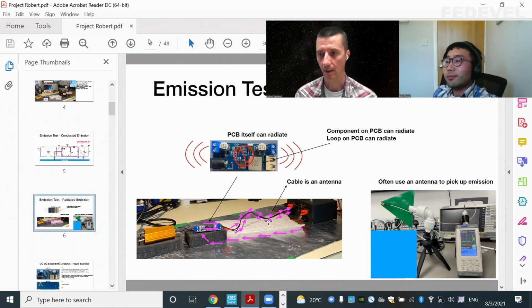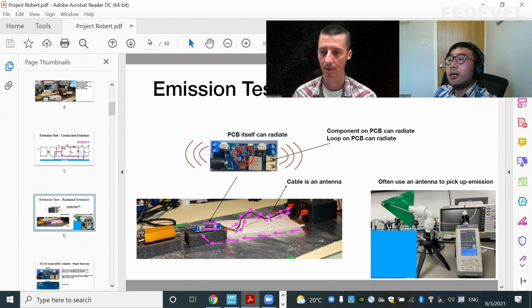So the frequencies at which this cable is going to cause problems, are they going to be tied to the length of the cable?